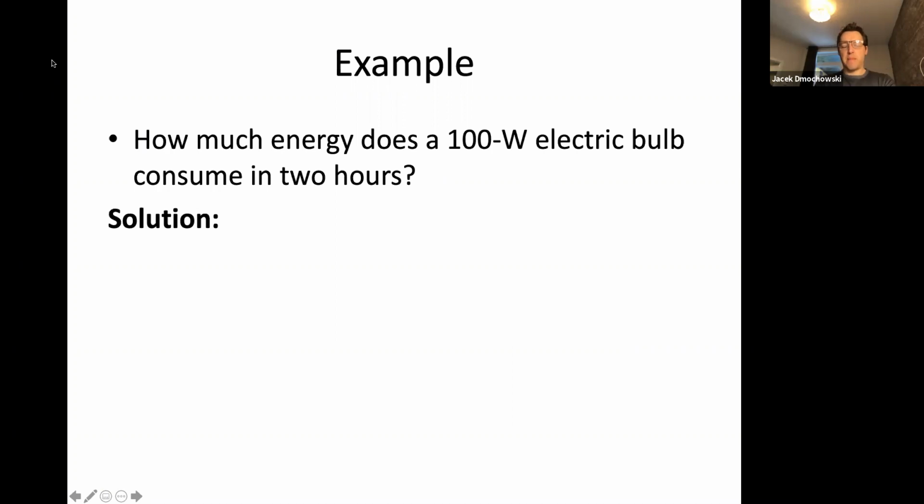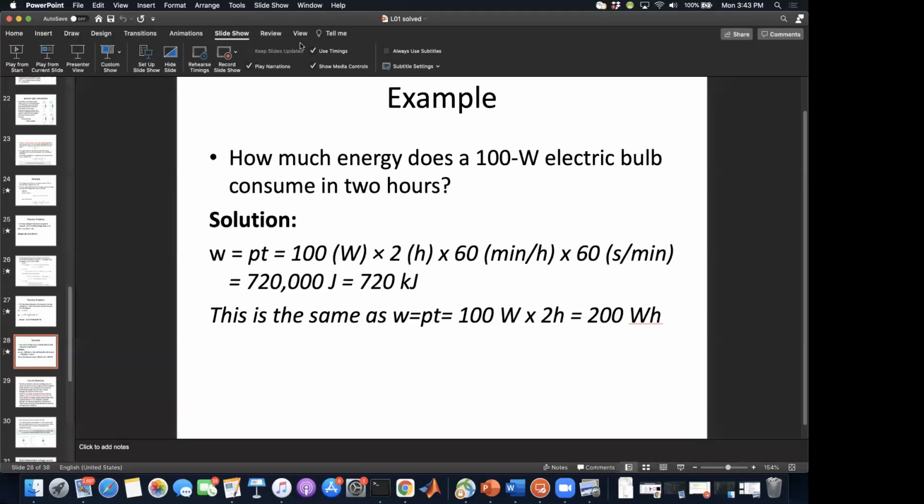So if I have a power of 100 watts and a time of 2 hours, how do I convert those into an estimate of energy? Right, so maybe power with the time.